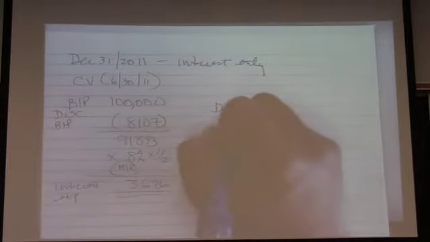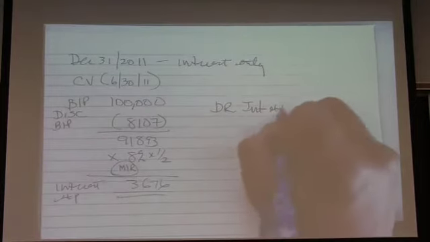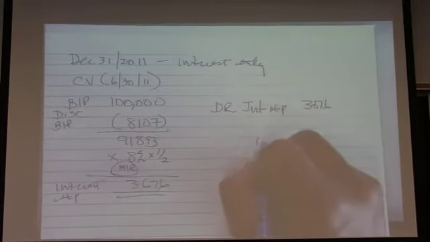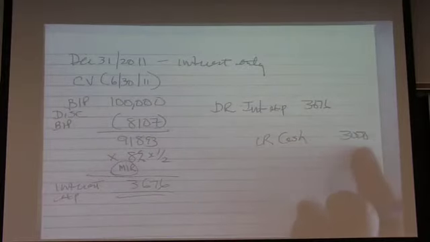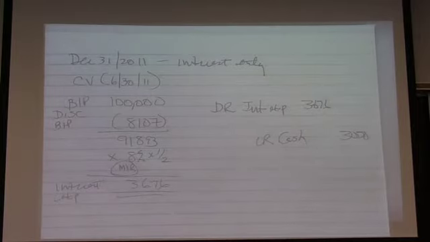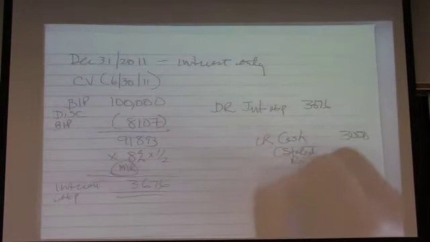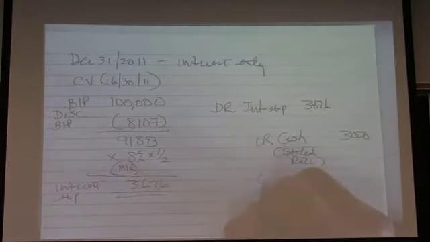So we're going to debit interest expense, credit cash. It's always 3,000. Remember, it doesn't matter whether we issue bond at a premium or at par. The credit to cash is always 3%, which is the stated rate. And the difference is we're going to credit discounts on bonds payable.